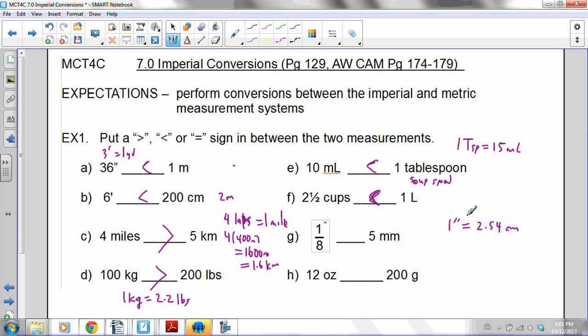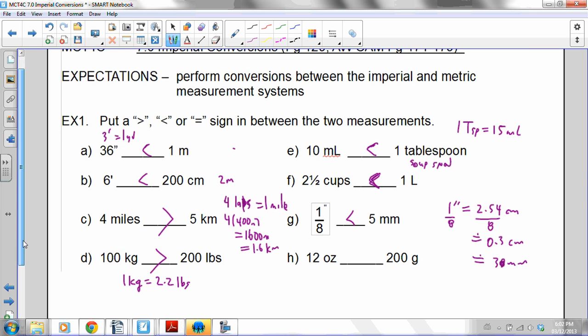If I divide that by 8, that's around 0.3 centimeters, which is about 3 millimeters, even though we'll do this one exactly soon. So this is less. I was thinking of a ruler, and I thought that was more, but it's not.